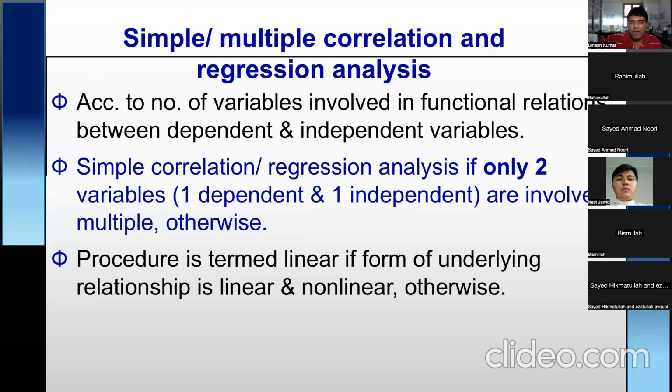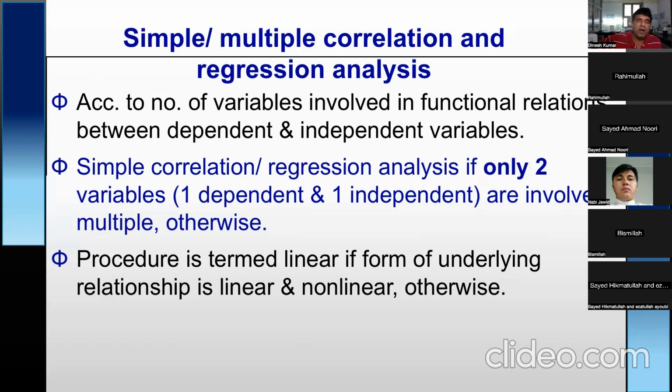If one independent variable affects one dependent variable, and you are doing correlation analysis, this will be called simple correlation analysis. If one independent variable is affecting only one dependent variable and you are doing regression analysis, this will be called simple regression analysis.